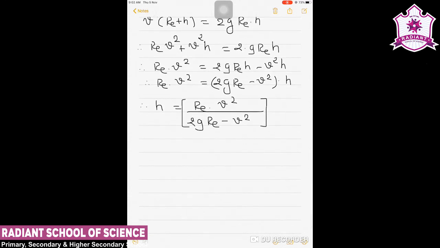So just put the terms, that is radius of earth or mean radius of earth given, that is 6.4 into 10 to the power 6.